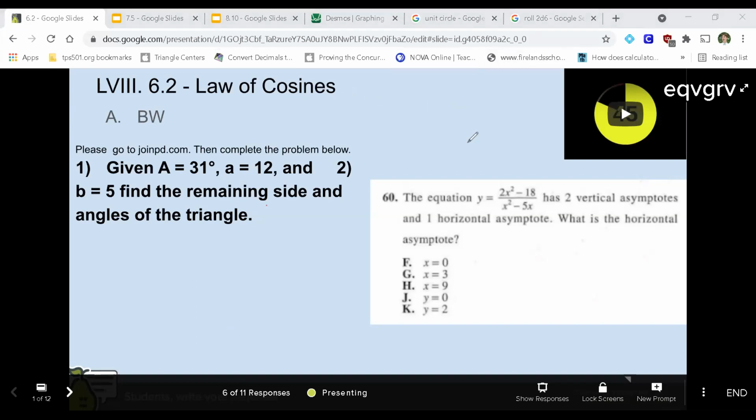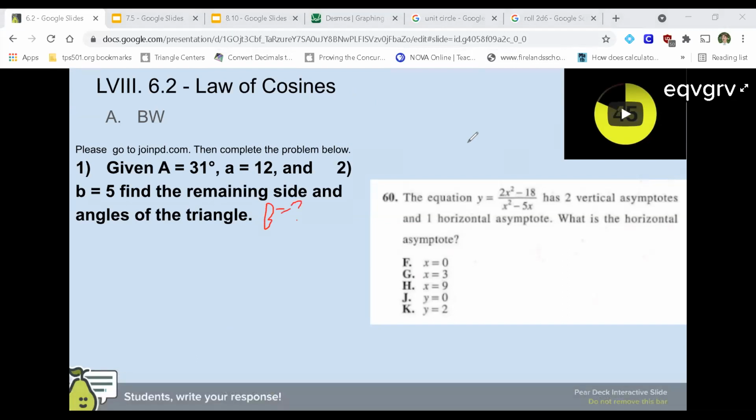So what is angle B? Well, we can do sine of B over b equals sine of A over a. If you plug in, the sine of B over 5 equals the sine of 31 degrees over 12.